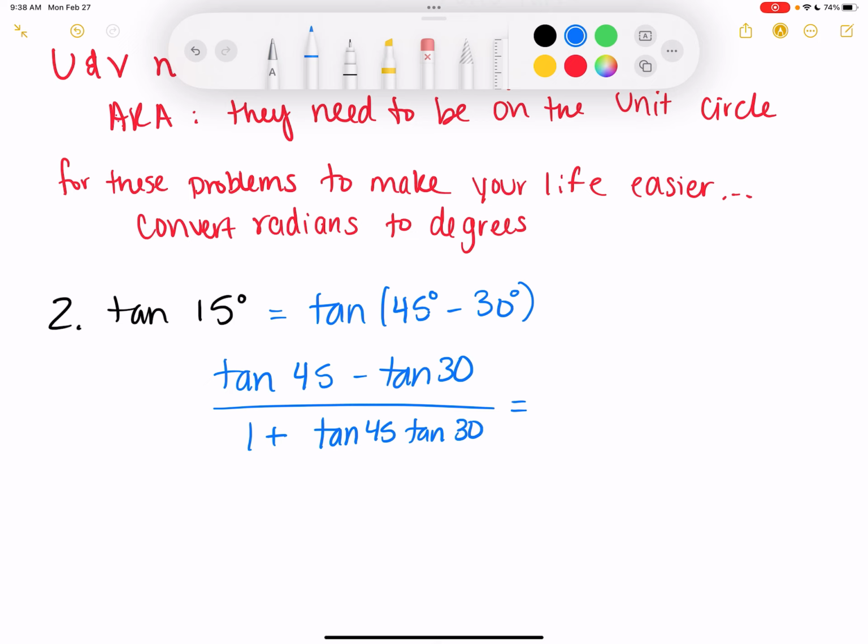Okay, tangent of 45 is 1. 1 minus tangent of 30, root 3 over 3, all over 1 plus tangent of 45 times tangent of 30, which is 1 times root 3 over 3.